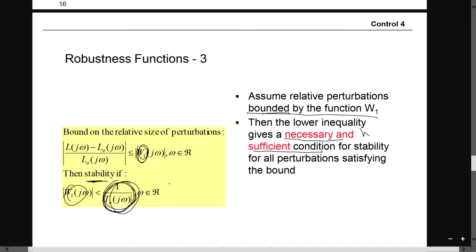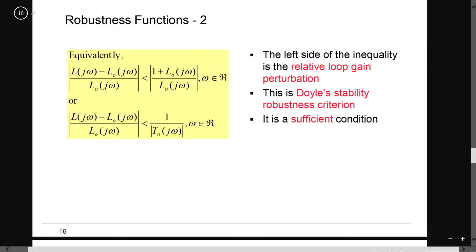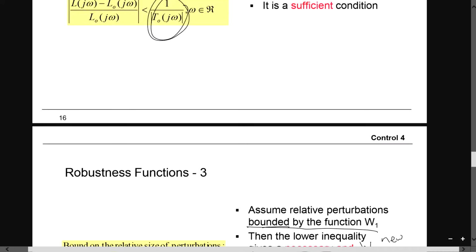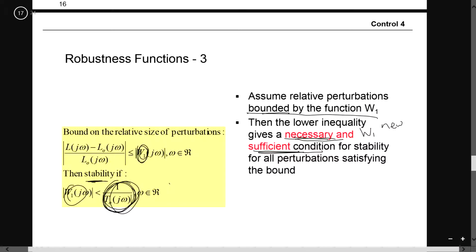So W1 will give you a new necessary and sufficient condition to fulfill, other than the initial primitive one over here. This initial primitive one is actually the Doyle stability criterion, while W1 is simply building on that stability criterion.